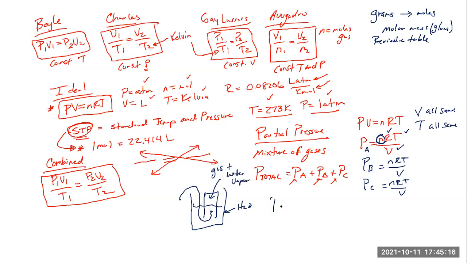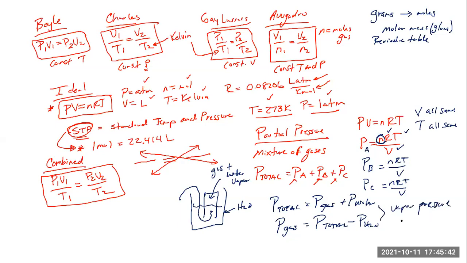That means the total pressure in that case would be the partial pressure of the gas we're interested in, plus the vapor pressure of water, which you can look up in a table. And this is one of those subtraction type deals. The pressure of the gas we're interested in would be the total pressure minus the vapor pressure of water. Again, it's a subtraction situation.